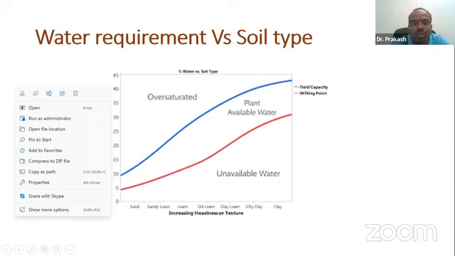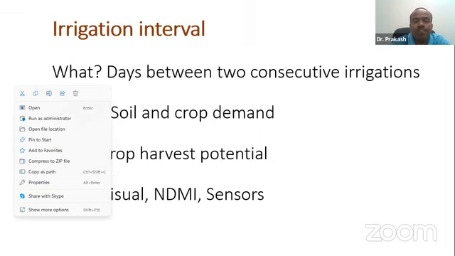So we cannot say that for any crop we can add water at a fixed duration. Water requirement versus soil type also depends on the potential of increasing the yield.